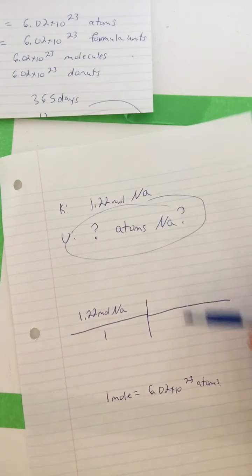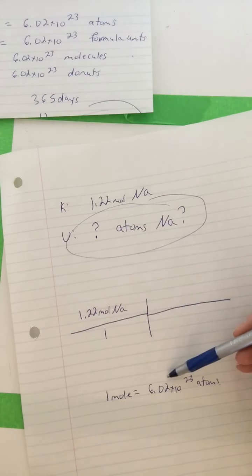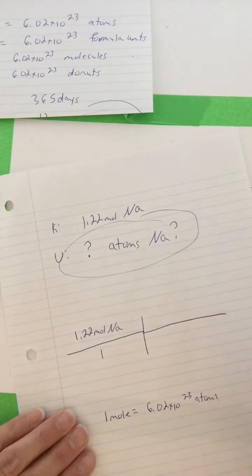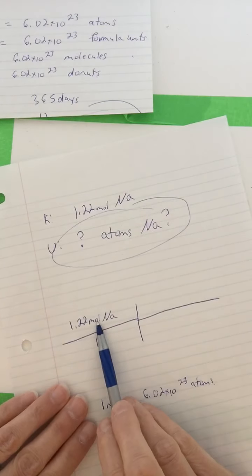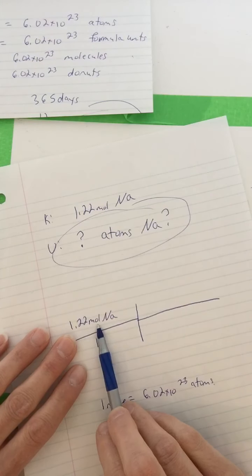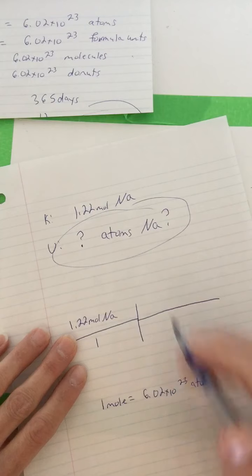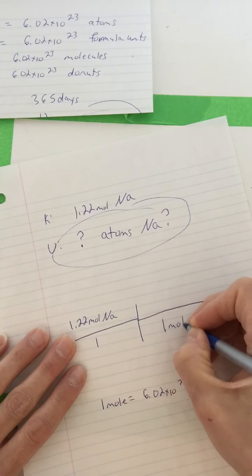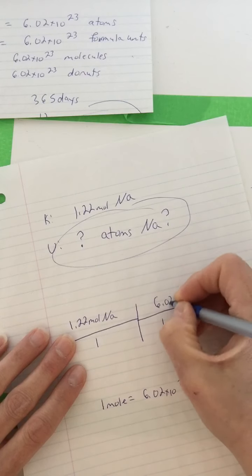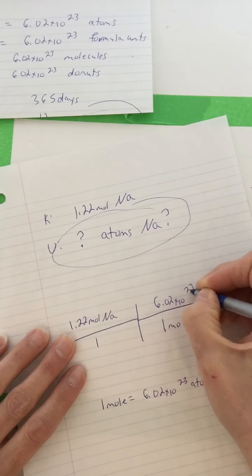That's what's going on this bunk bed. One goes on the top and one goes on the bottom of this bunk bed, but I don't know who goes where. How do I know that? Well, what unit am I trying to get rid of? I'm trying to get rid of moles. So what I'm trying to get rid of goes on the bottom. So I'm going to write 1 mole here. And on the top of the bunk goes 6.02 times 10 to the 23 atoms.